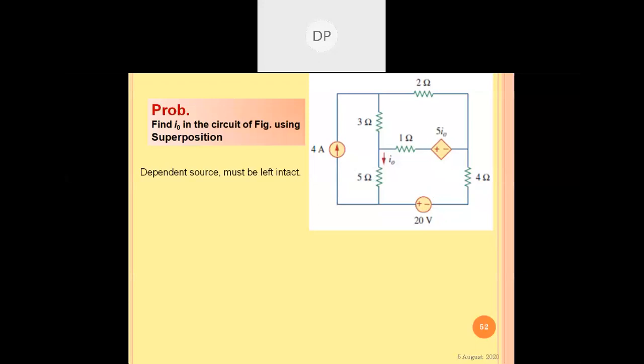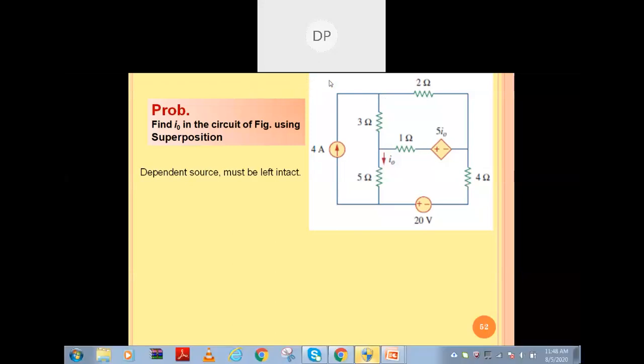And therefore here, whatever may be the number of sources, we consider them one by one, and in that case we find out the response given by each of them. And while doing this, we turn off all the sources except the one which is acting alone.